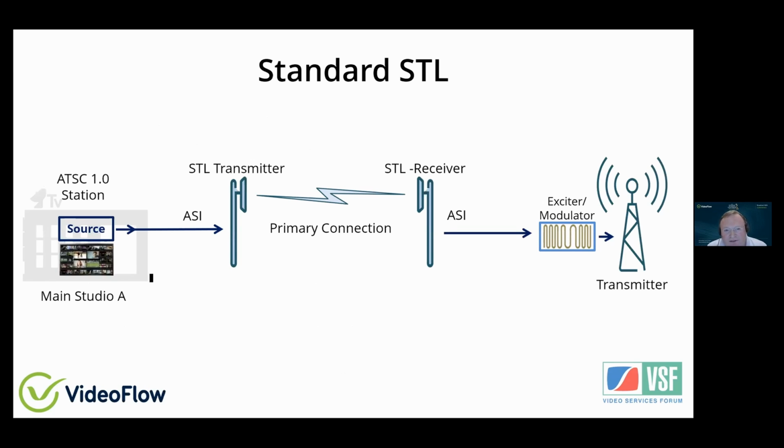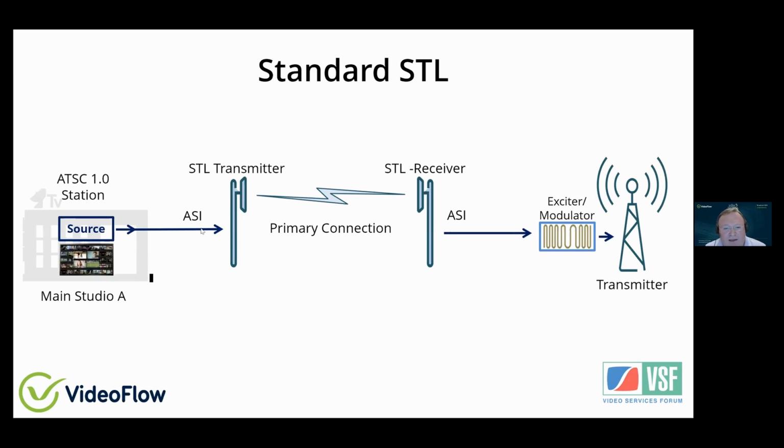So let's start with the standard STL. STL, to those who are not familiar, might be considered an exciting new opportunity or a capability that we usually don't touch upon in this session. The STL stands for Studio to Transmitter Link. We have a studio, which is a local TV station.